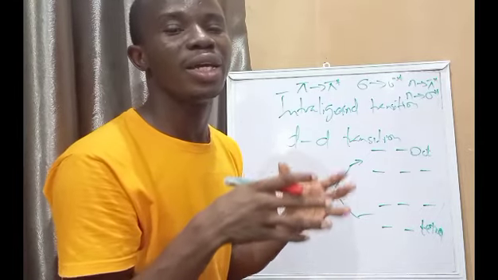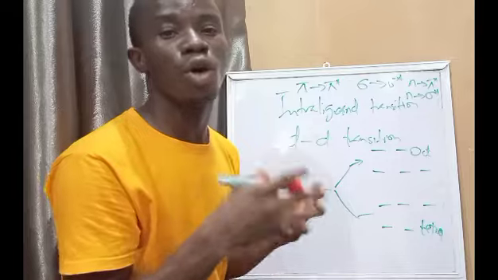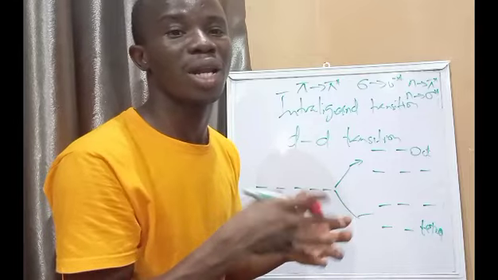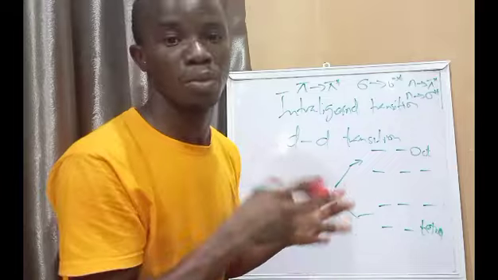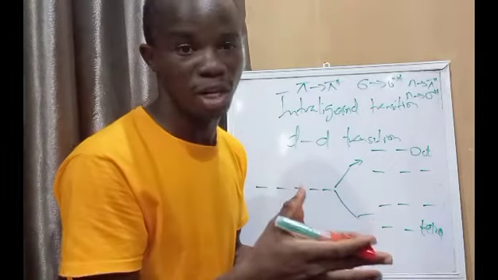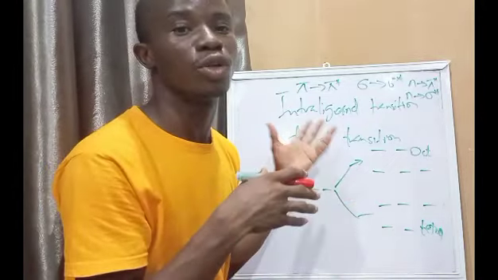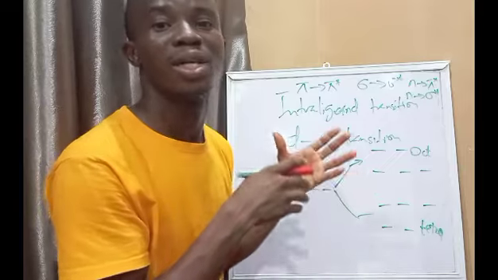Because when a compound absorbs light in the visible region, the complementary color to the absorbed light will be reflected, and that's the reason for the color of several complexes that we have.